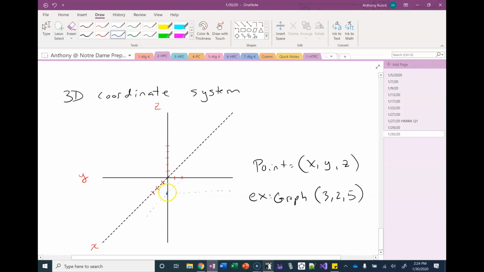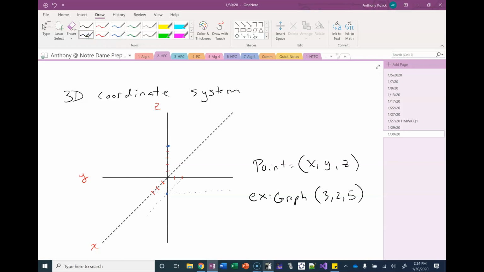And then I'm going to draw a dashed line up to that position on the z-axis. This didn't turn out very well because I don't think I scaled my picture very well.